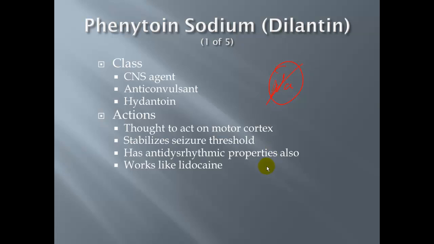This is going to hold the same classification as lidocaine does as far as the Vaughan Williams antidysrhythmic classifications. And it's going to stabilize the sodium channels, action potential, uses a sodium potassium pump, and by doing this, decrease seizure threshold.